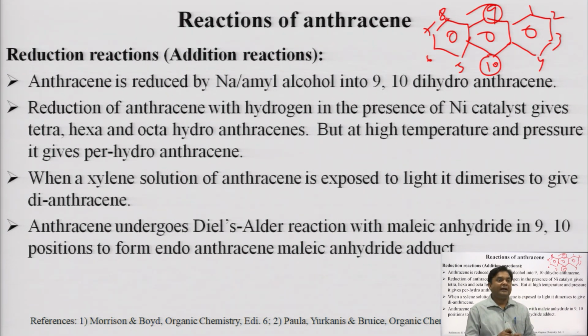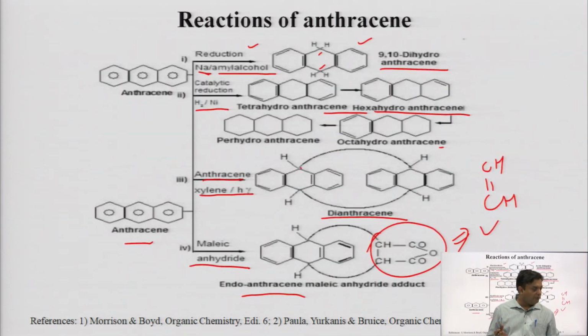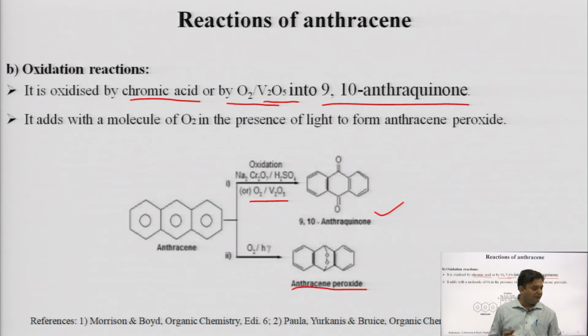When a xylene solution of anthracene is exposed to light, it dimerizes to give dianthracene. It also gives the Diels-Alder reaction with maleic anhydride, because maleic anhydride acts as a diene and anthracene acts as a dienophile. Then, the oxidation reaction we have already discussed. There are two ways to oxidize anthracene.